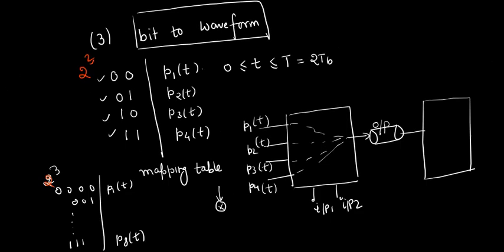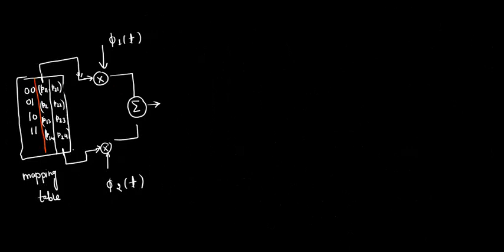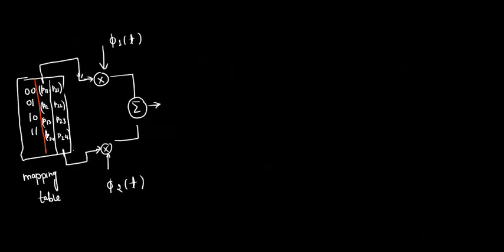Here we had 4 different waveforms. So, rather than generating 4 waveforms, you have now fixed your phi 1 t and phi 2 t, and just as per the input bit combination, you are generating these coefficients, correct?